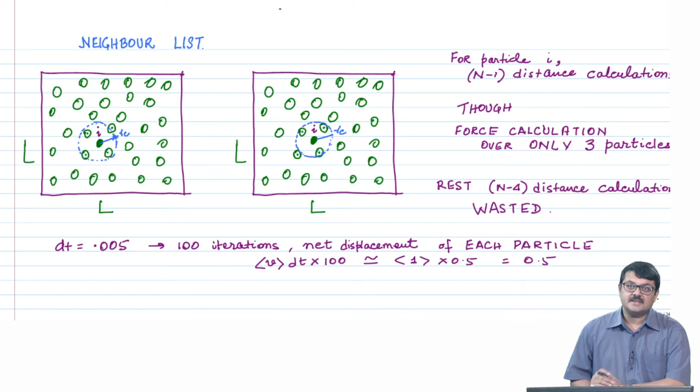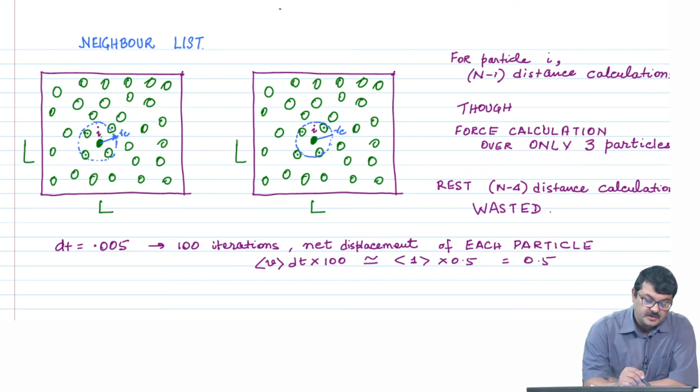So, while it might seem that you are saving the calculation of the potential or the force for a large number of particles, consider this particle I and the range of interaction r c, where the potential is cut off at r c.